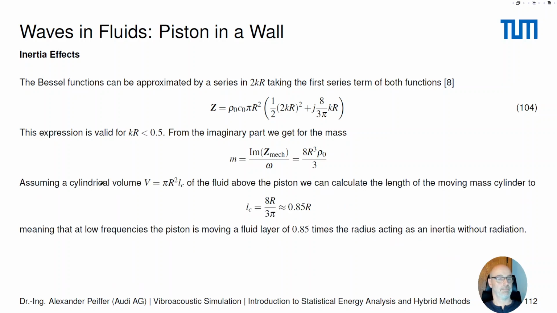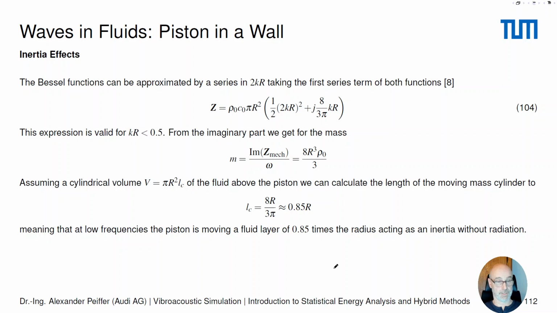Or if we just try to visualize this in terms of volume, and we consider somehow a cylindrical volume, we see that this means at low frequency, a thickness of 0.85 times the radius is just the air that's moved in front of the piston. So that means at very low frequency, our piston is just pumping air without any radiation.